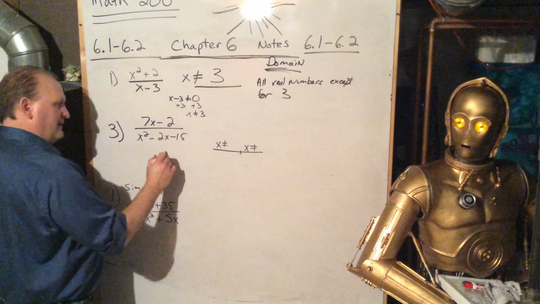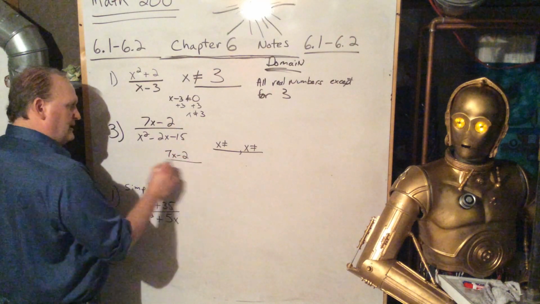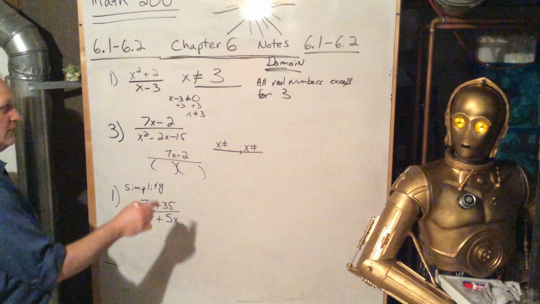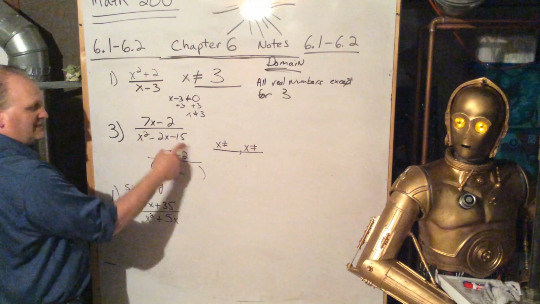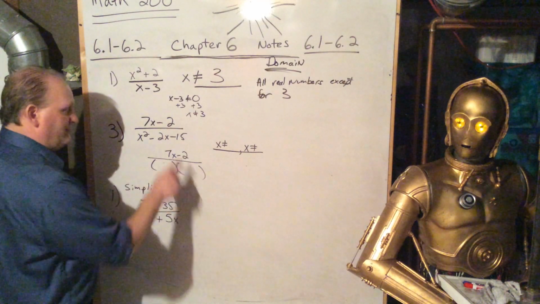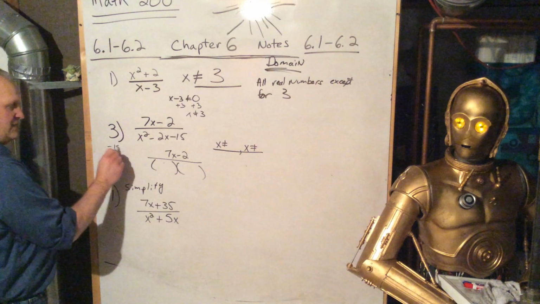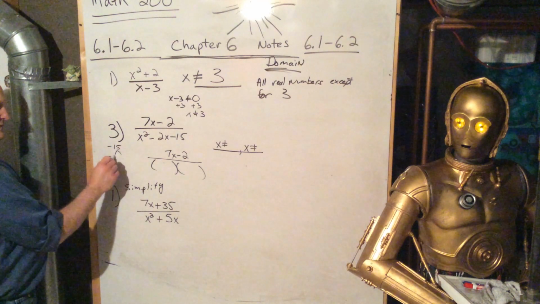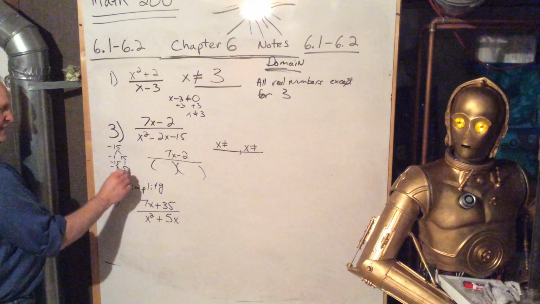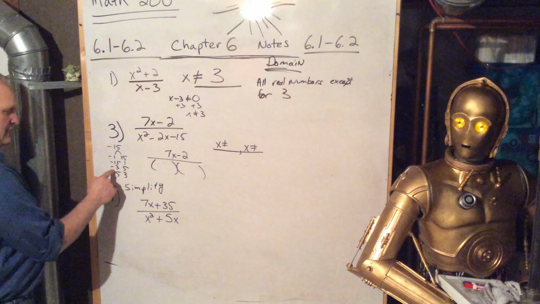All right. Let's take a look at this one. It's a little tougher. We have 7x minus 2, and on the bottom we have to factor that in order to find the no-nos. Because right now, x squared minus 2x minus 15, I don't know what x values would make it be 0. But we can find it by factoring. So if you take negative 15, you think of the suspects: negative 1 and 15, negative 15 and 1, negative 3 and 5, negative 5 and 3.